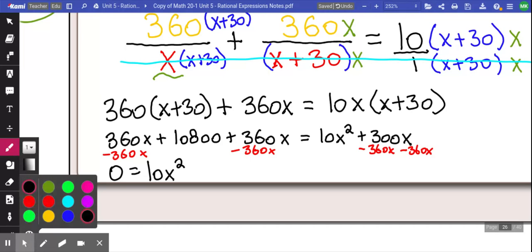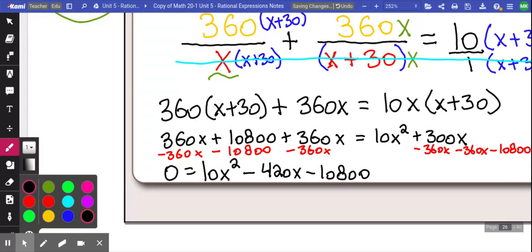That gives me a negative 420x. And then I subtracted that 10,800 to the other side, giving me that quadratic to try to solve.